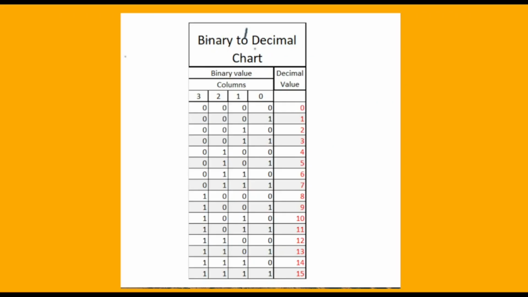binary? Okay, so in a chart here, we have our binary. And in binary, again, we have columns 0, 1, 2, 3.